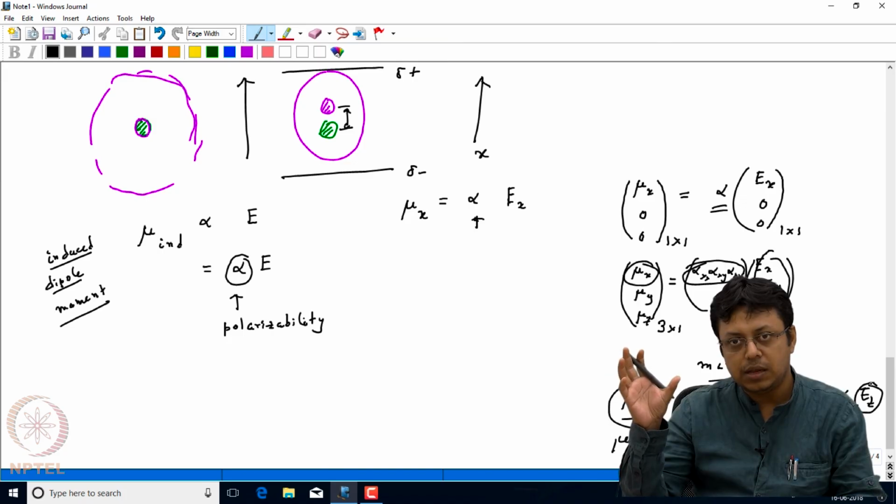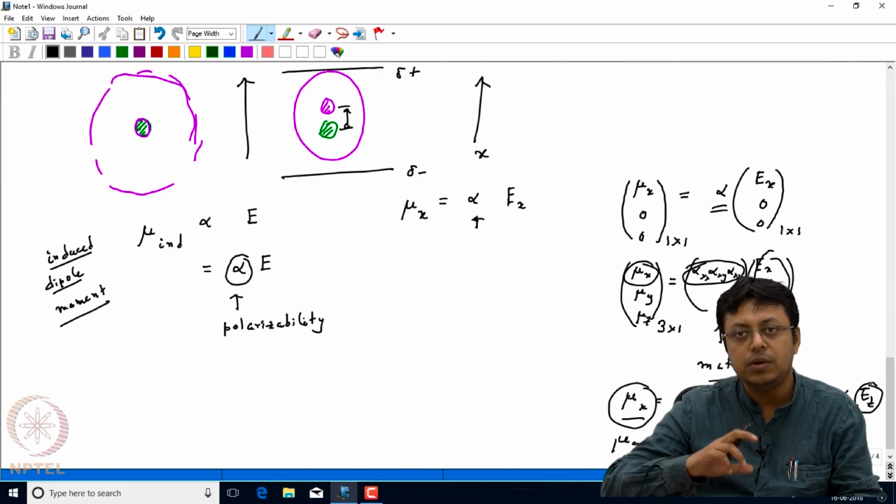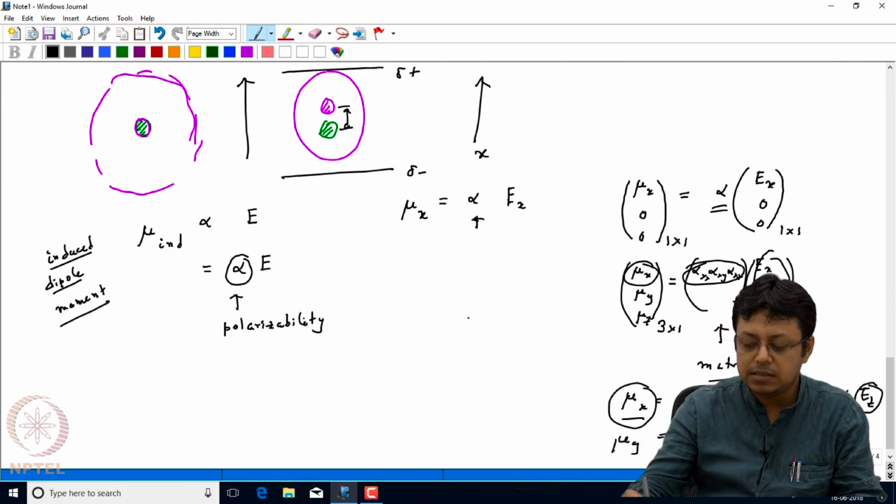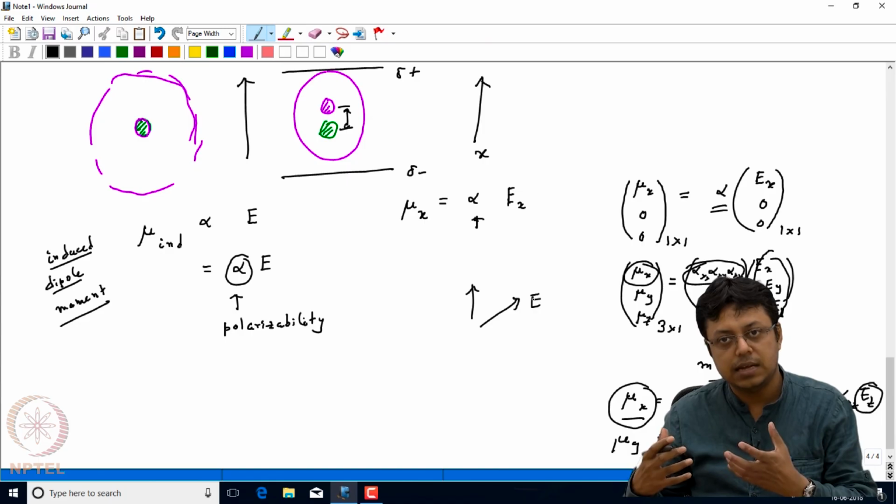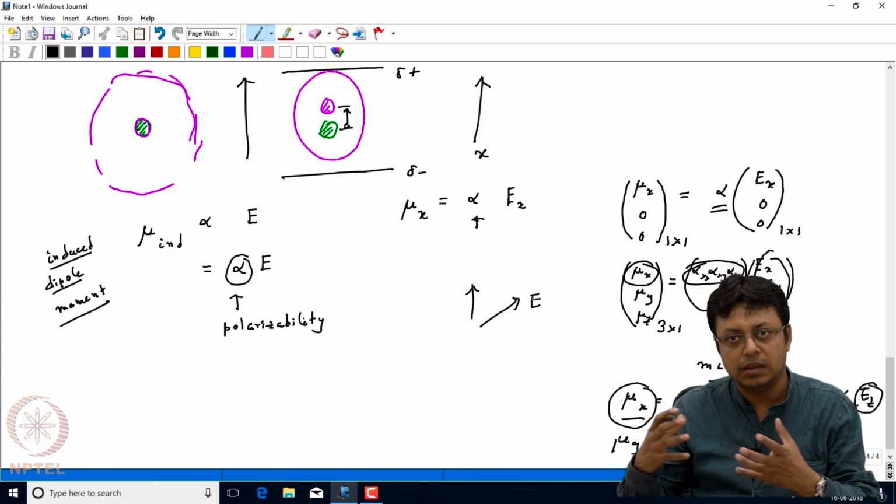Now, you can think about a crystal where the electrons have a very unique distribution, and if the crystal axis does not match with the applied electric field axis, then you can create a dipole in all other directions.